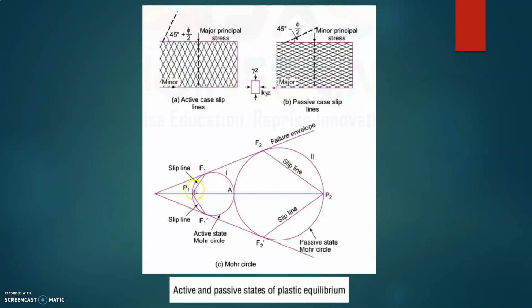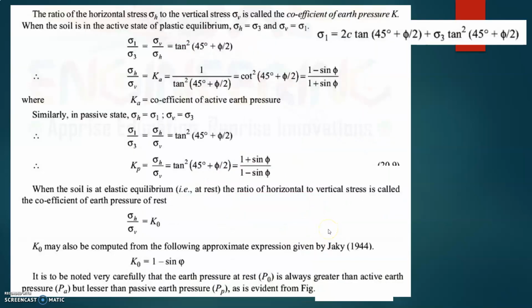P1F1 and P1F1 dash, and P2F2 and P2F2 dash are the slip lines. The small circle is for the active state and the large one is for the passive state.